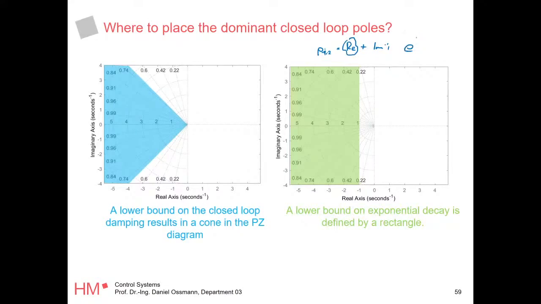So it has minus real part times t, and if it's oscillating, it has some contribution from the sine wave from the imaginary part as well. So if you want to say, I want to make this faster than, I don't know, 1 second, then you would place this guy at 1, right? So all this here would be too slow for your design criteria.